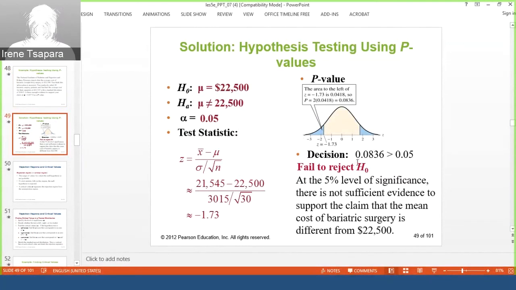I fail to reject the H0, so this means that I reject the HA, so I reject the claim. So at 5% level of significance, meaning with 95% confidence level, there is not enough sufficient evidence to support my claim. And that will be my conclusion.